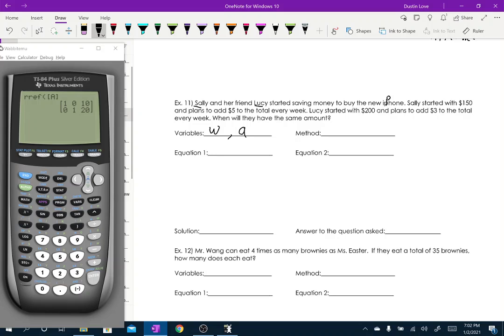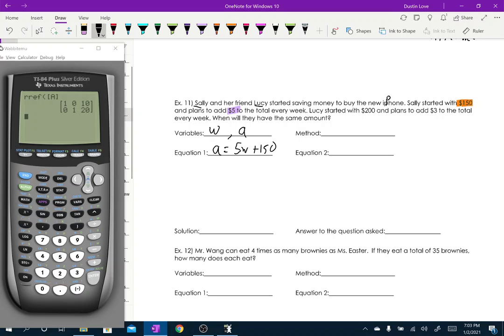So it looks like I've got a starting value of 150 and then a rate of 5 for Sally, which means that I'm going to have a slope-intercept style equation that's going to be the amount equals $5 times the number of weeks plus 150.